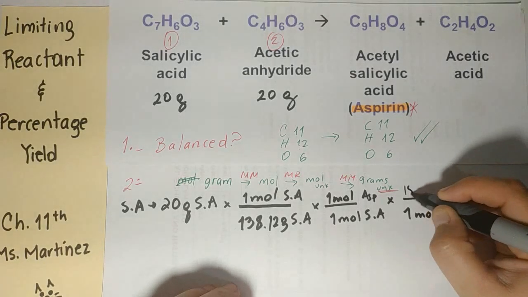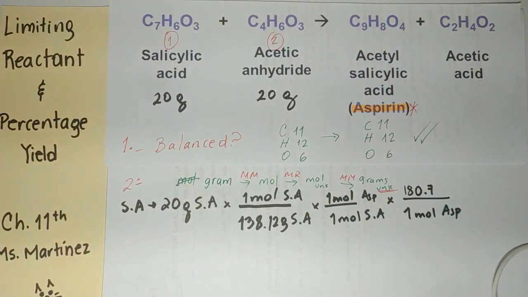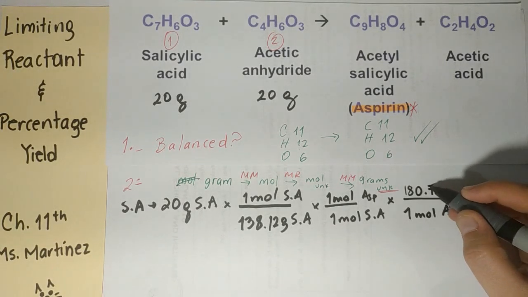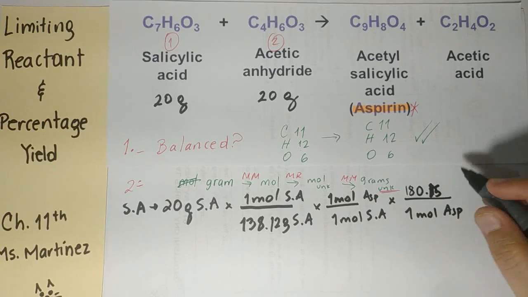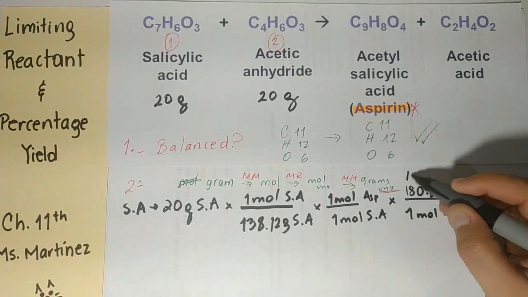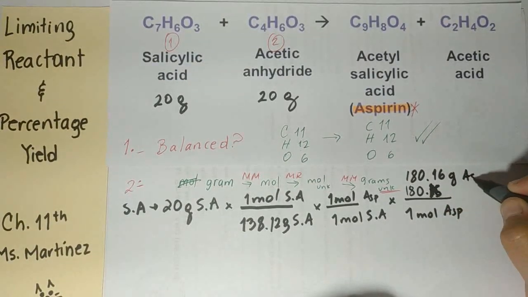That gives you a molar mass of 100.73. Oh, I should have done something wrong. Let me see. I found it. It is 180.16 grams of aspirin.